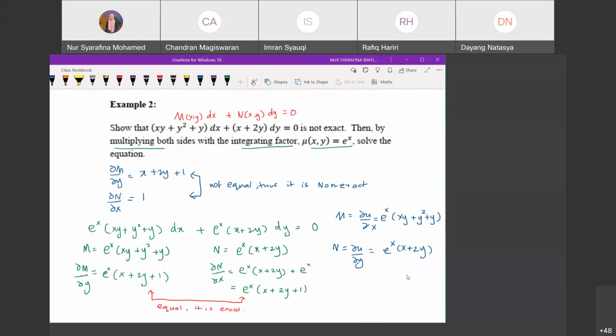Okay, so this one is easier to integrate.